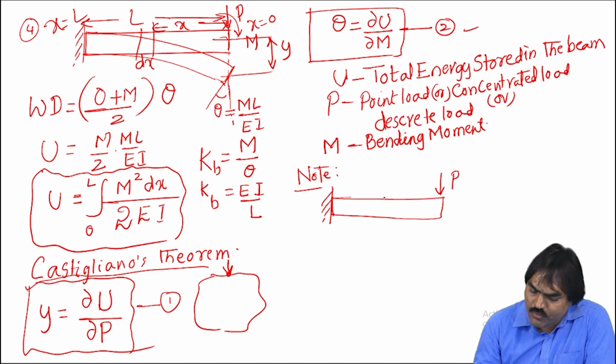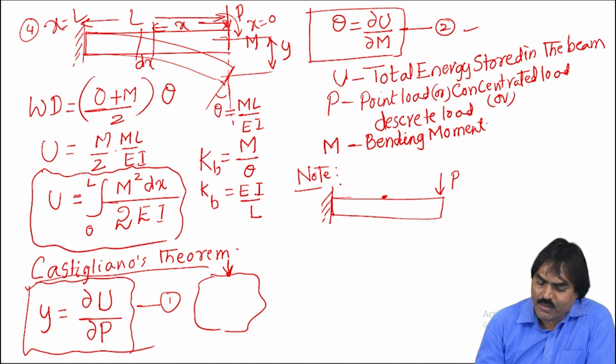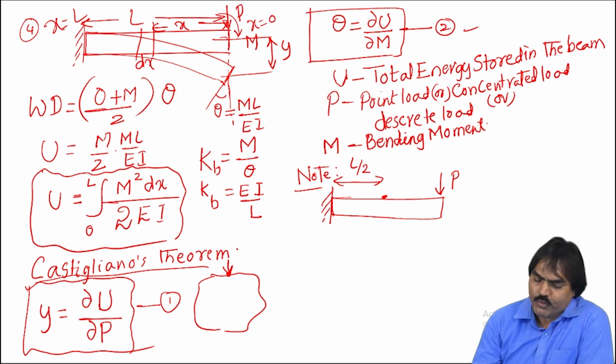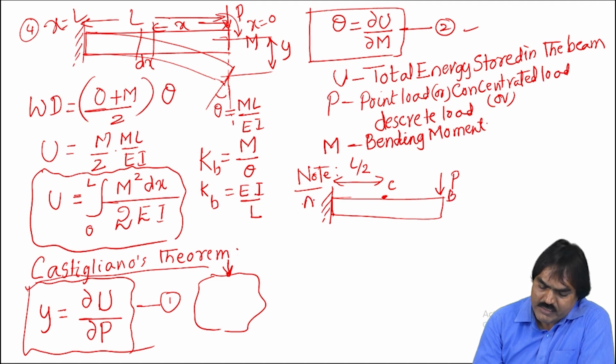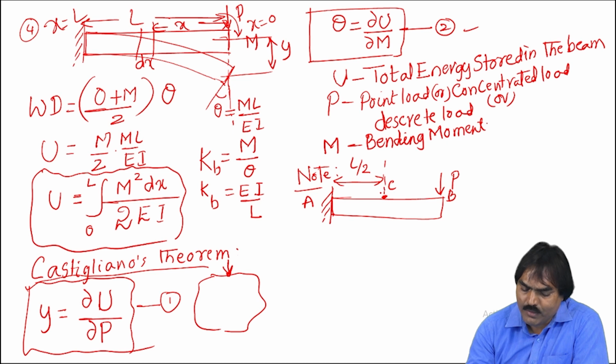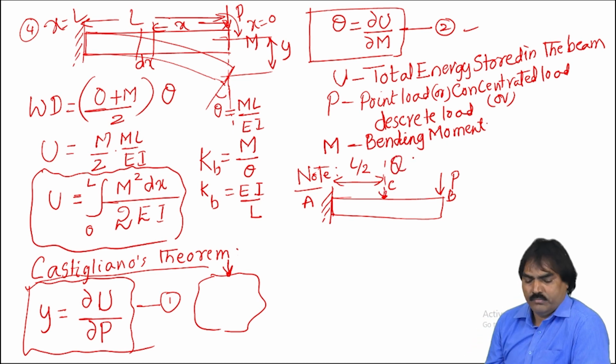But you want to find the deflection somewhere along the span, say at a distance L by 2, at the center of the beam. Suppose this is the C point, this is B point, this is A point. Here apply the dummy load Q.